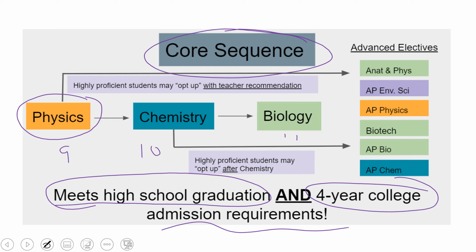Just by taking 3 years of the science sequence, and by taking what's required of lab science to graduate high school, you would also meet the admission requirements for most 4-year institutions, because chemistry also counts as both a lab science and an algebra-based science.